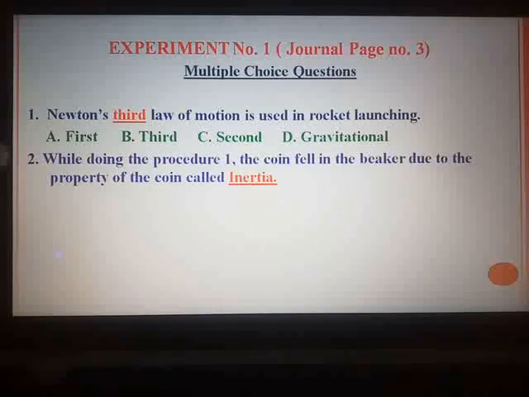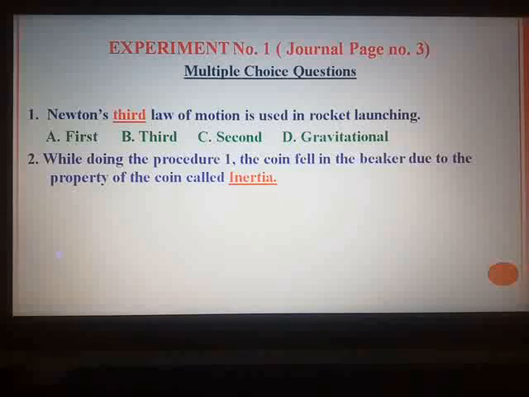Second is, while doing the procedure 1, we had seen 3 procedures in the video. In the first procedure, take some sand in a beaker, place a card sheet on it and keep a metal coin in the center, strike the card sheet with a flick of the finger, and then what was the observation?